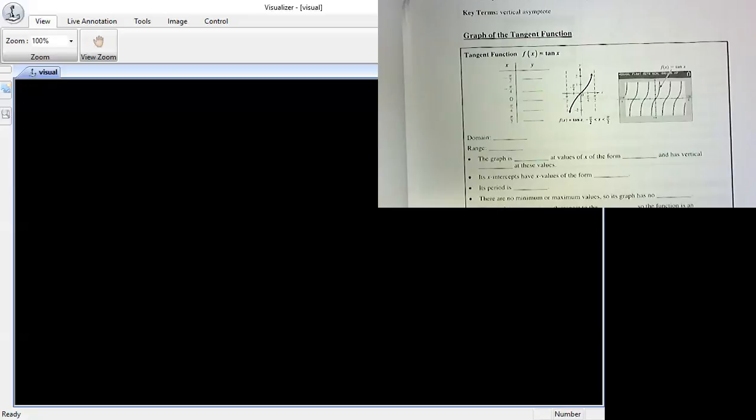We wouldn't want to take the part of the tangent curve where we get this piece, here's our asymptote, and then have this piece. We want it to be a continuous section. So that's why on the tangent, we're going to need to go from negative pi over 2 to pi over 2. So we get one complete graph, and it's bounded off by the asymptotes.